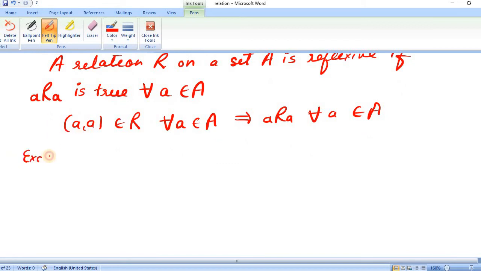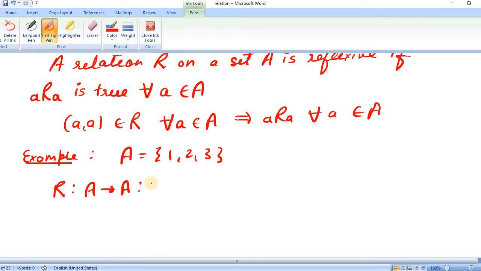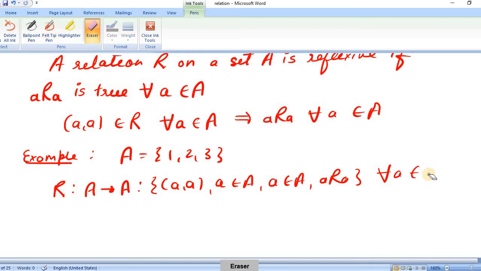Let us say that we have a set A equals 1, 2 and 3. Then R is a relation defined from A to A such that (A, A), definitely the left A belongs to A and the right A will also belong to A, such that ARA for all A belonging to set A. So what will this R be?